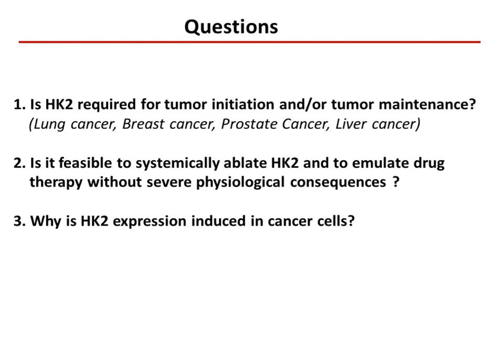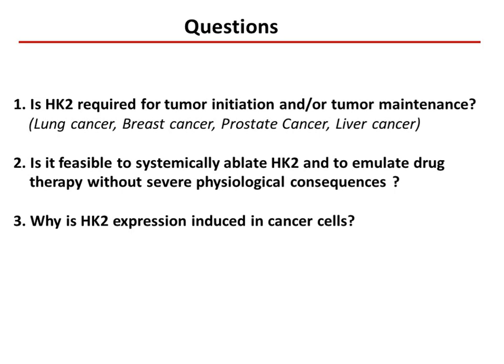So I would like to address 3 major questions in my presentation today. First, is hexokinase 2 required for tumor initiation and/or tumor maintenance? And I will address that in 4 types of cancer: lung, breast, prostate, and liver.